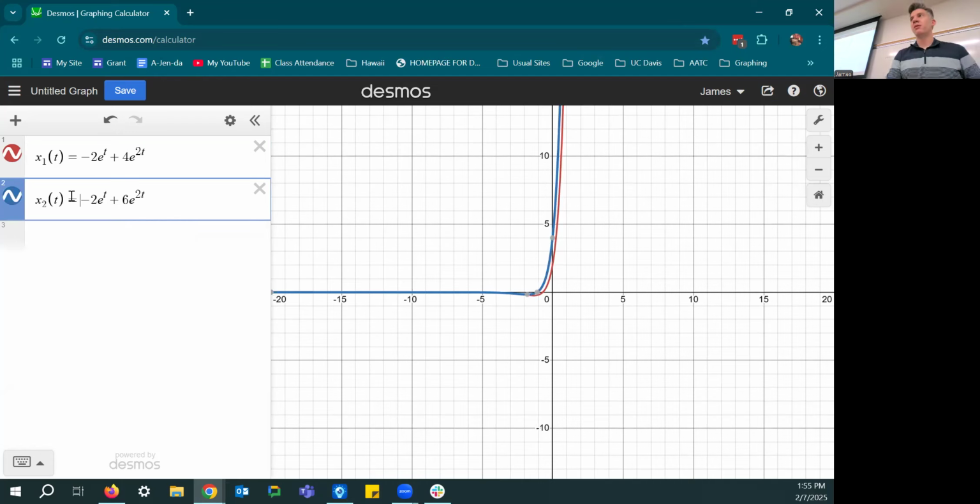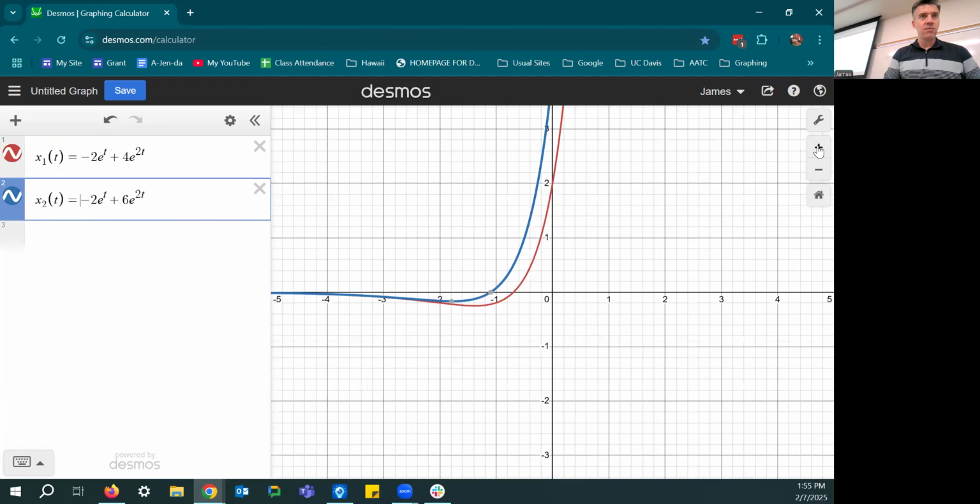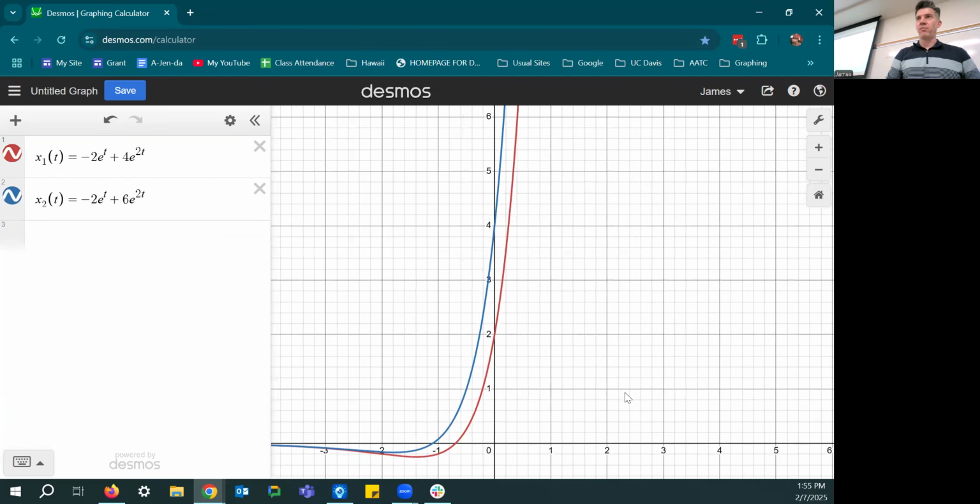There we go. There's not a lot of space between them, so let's zoom in a little bit. You can see they're getting bigger and bigger, kind of in parallel. If you were to start at time equal to 0, we do get initial conditions of 2 and 4. And then at least for these initial conditions, your values just grow and grow. There's no dip where you get smaller first.